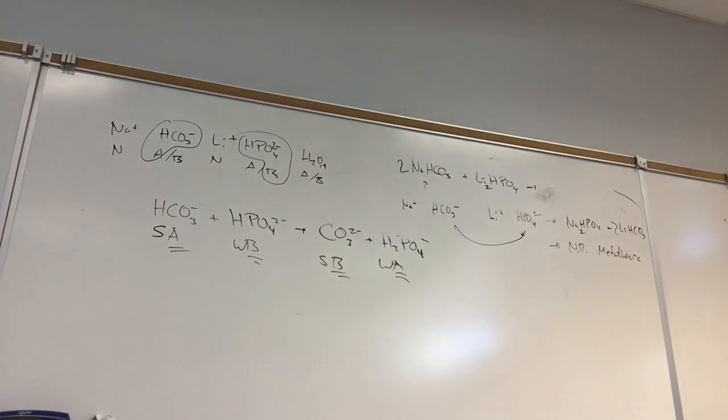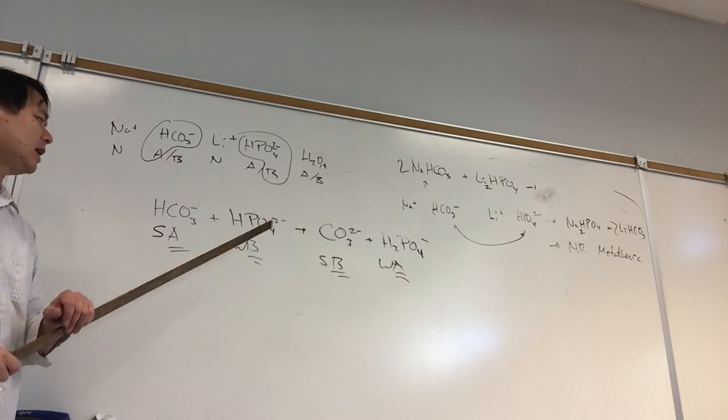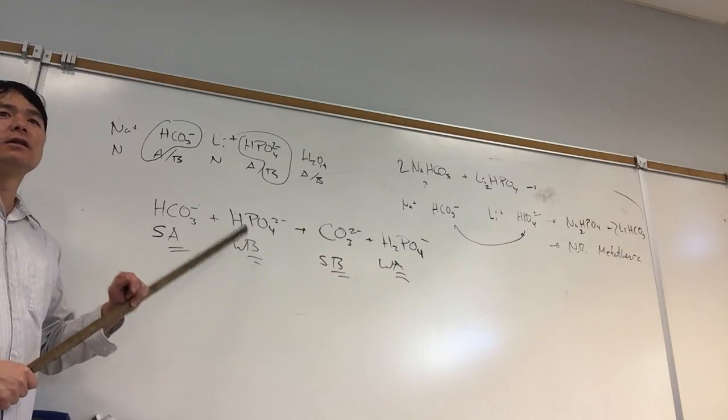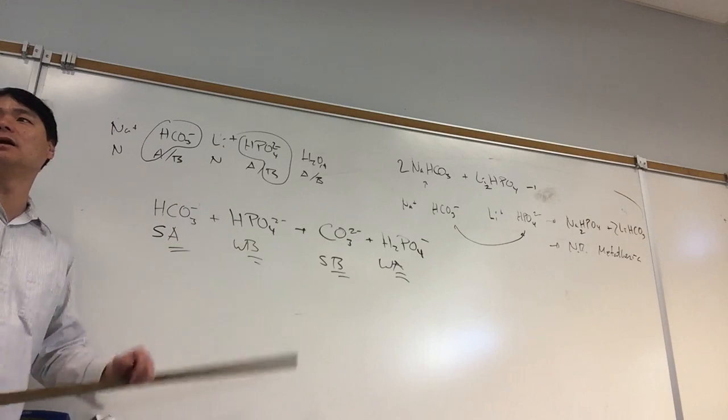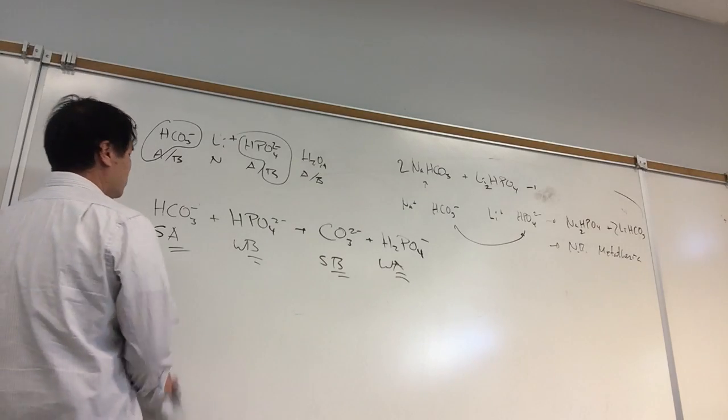Then I go, wow, I must have done something wrong. Because it's always got to be strong, strong to weak, weak, or weak, weak to strong. So I can't have a mix, strong, weak. There must be something wrong. It says that dihydrogen phosphate is stronger than carbonate. Oh, okay. Dihydrogen phosphate is stronger.